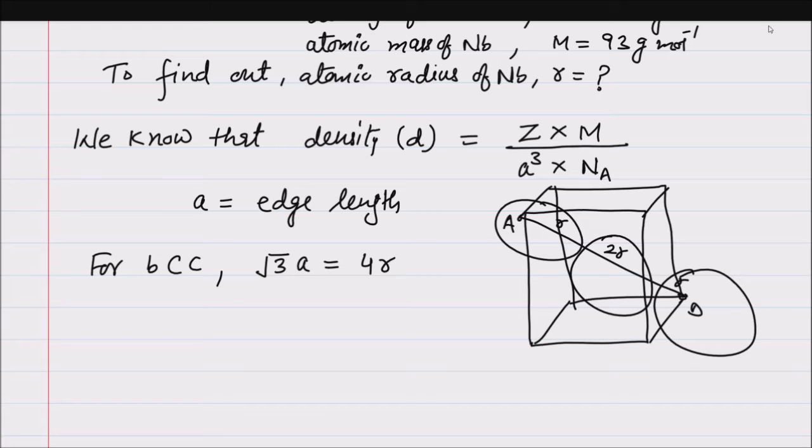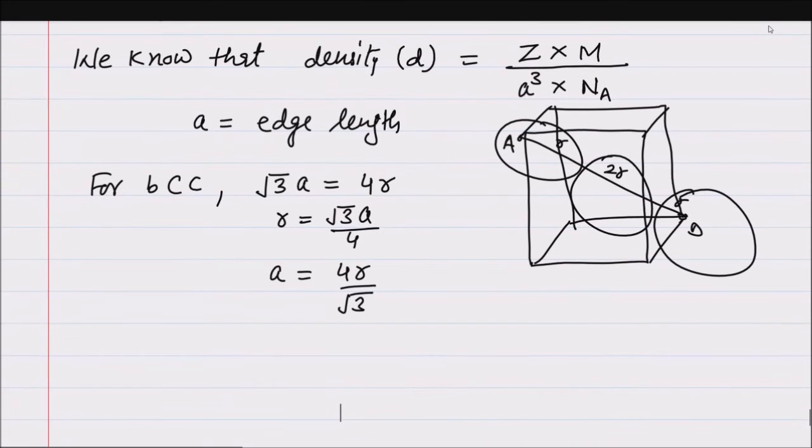Okay, so under root 3 A equal to 4R, that means R is equal to under root 3 A by 4, or we can say A is equal to 4R over under root 3. So we will convert, first of all, say A cube. A cube is equal to Z into capital M divided by D into Na, right?